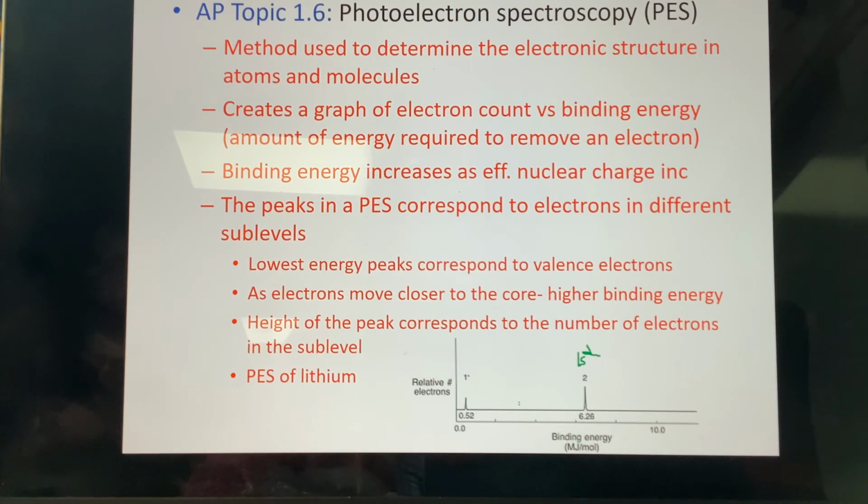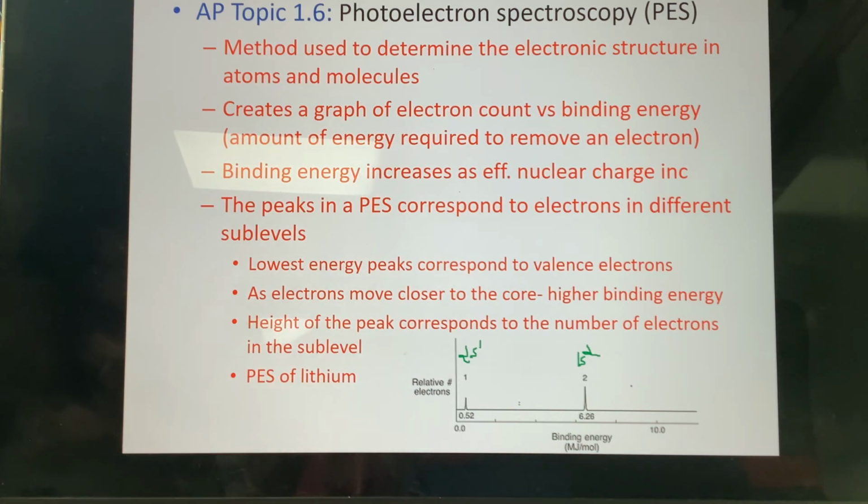And then lithium's 3rd electron is farther away from the nucleus. This corresponds to 2s, and we have 1. Since the 2nd energy level is farther away from the nucleus, it has a lower binding energy. So that's how we know that this is 2s. And over here, this has a higher binding energy, so this is the energy level that's closest to the nucleus.